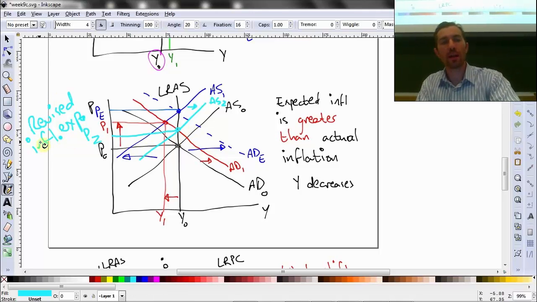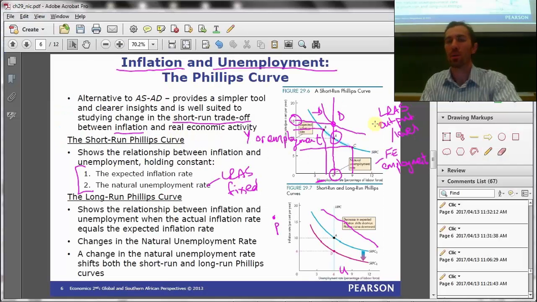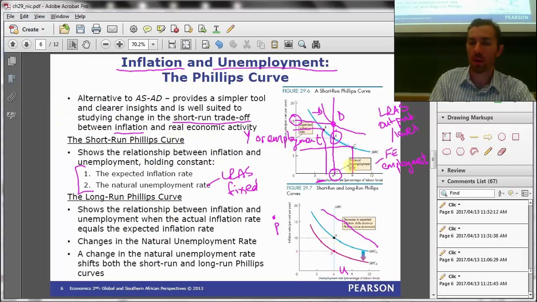Once we've revised our inflation expectations and we revise them correctly downwards, we return back to full employment. So this was our initial expectation of inflation.